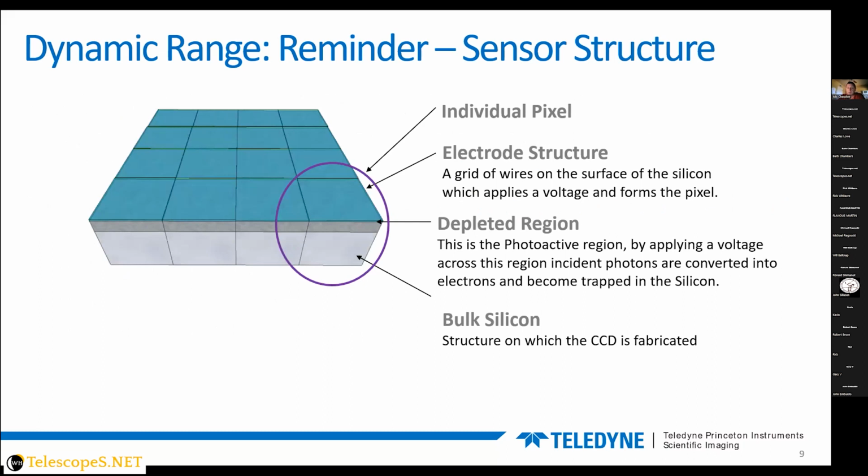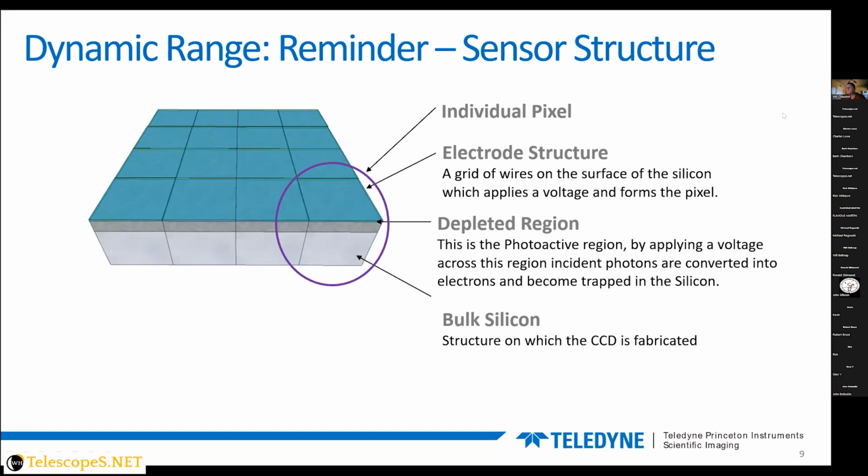So just a bit of a reminder from the last talk, we outlined the structure of a pixel. And in this case, trying to be as generic as possible. There's a lot of different kinds of sensors. CMOS sensors are rising up. But no matter what kind of sensor you have, if it's a device that's converting photons into electrons, it's going to have a structure very similar to what I'm showing you here.